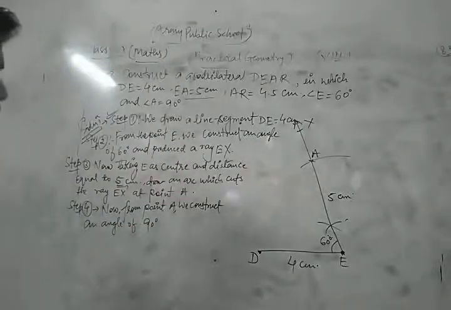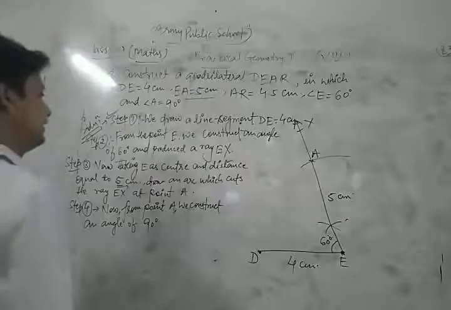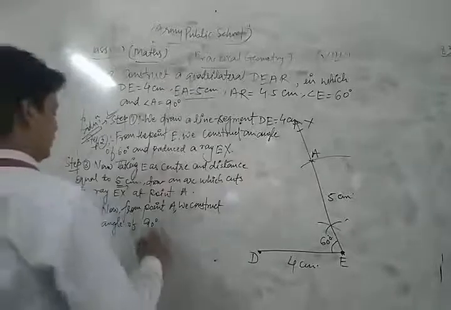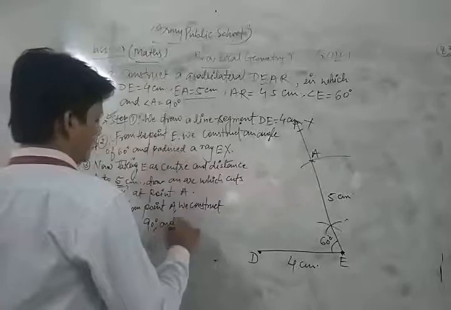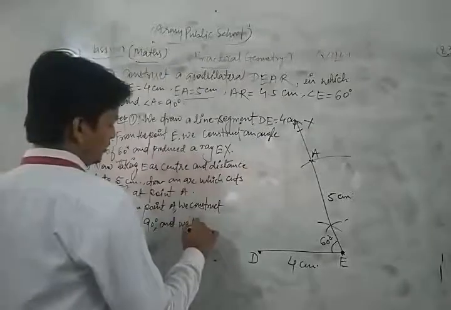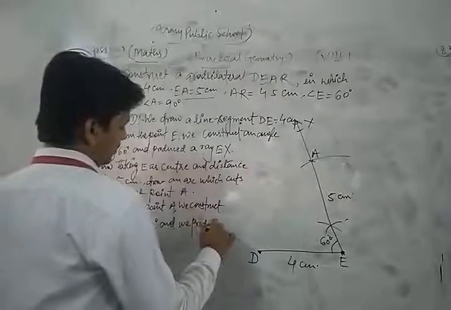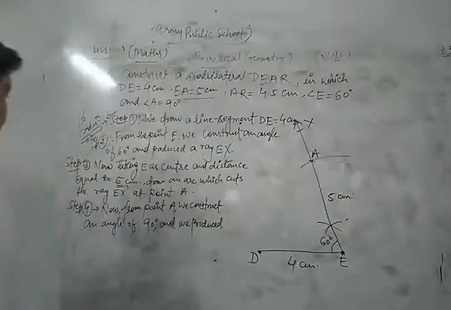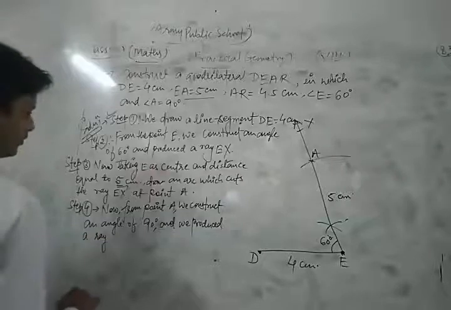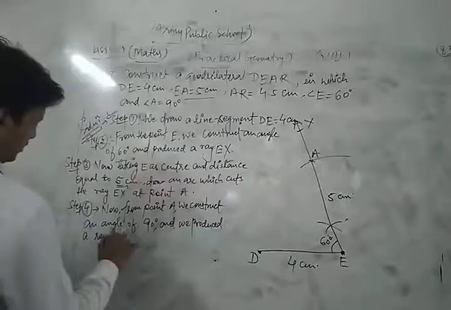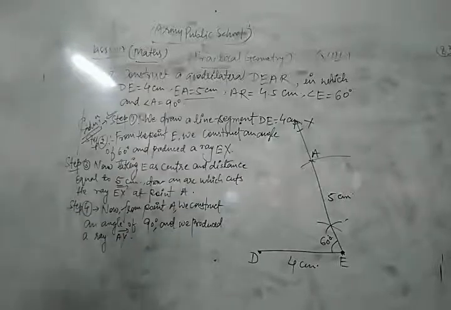Now from point A we construct an angle of 90 degree, and we produce a ray AY.